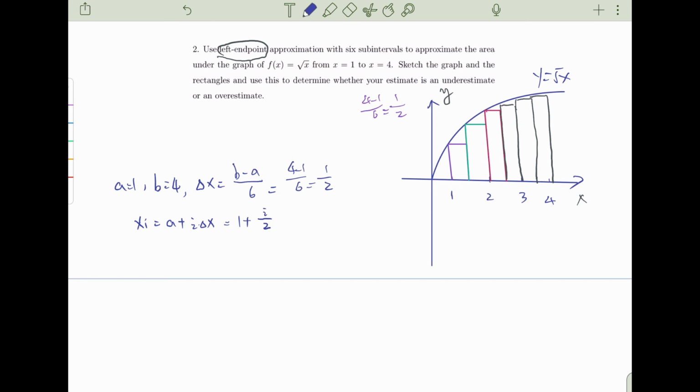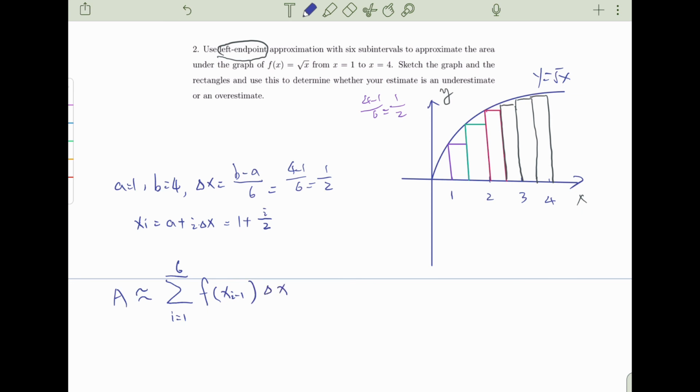And now the area A by the formula can be approximated as sigma i from 1 to 6 of f of x_(i minus 1) times delta x.